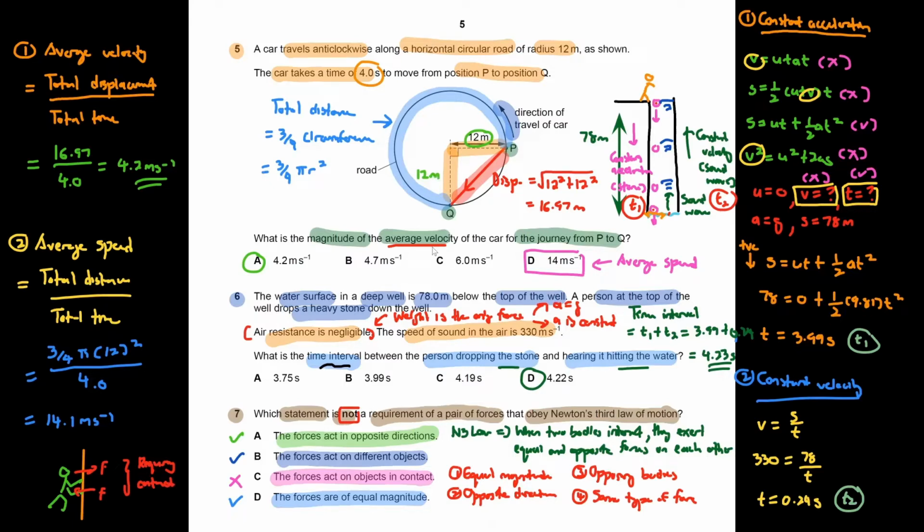But there are also cases where you do not require contact for Newton's third law to apply. The easiest example I can give you is, say, for example, you have the Earth like this, and then you have an object somewhere in the air here. We know that the Earth will exert a gravitational pull on the object, and in return, the object will also exert an equal opposite gravitational pull on the Earth. So this one requires no contact.